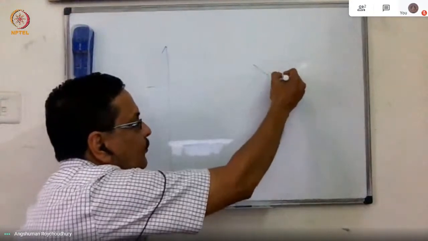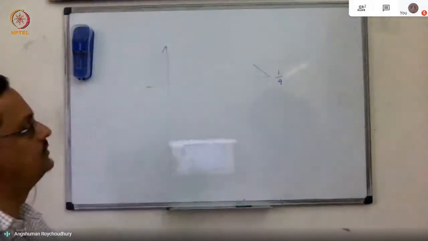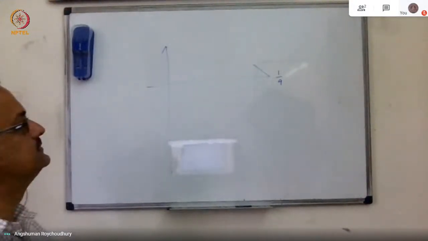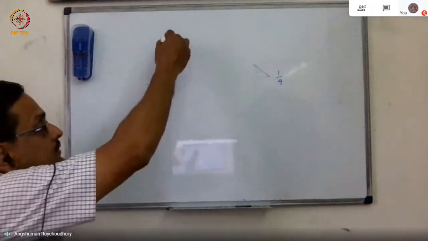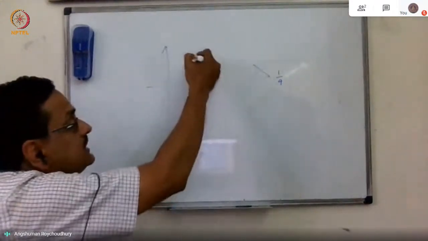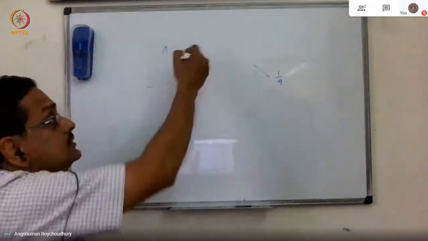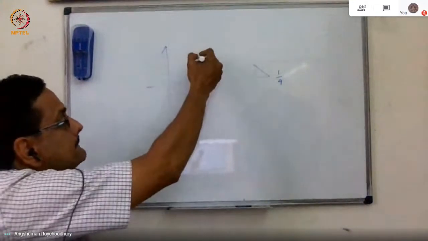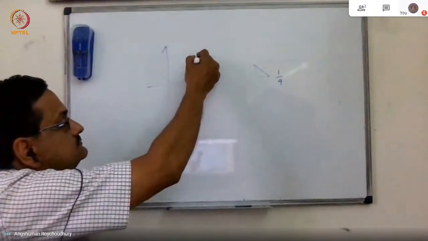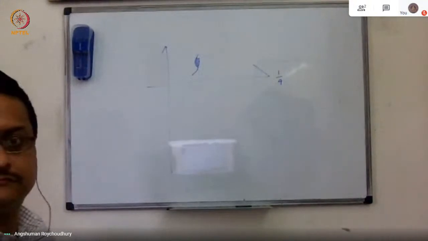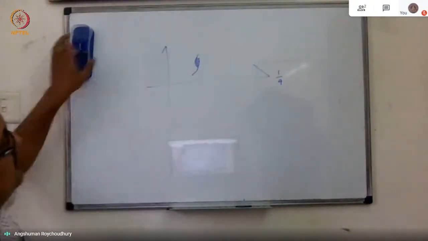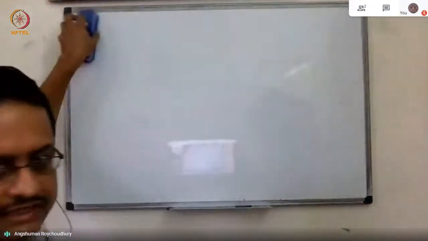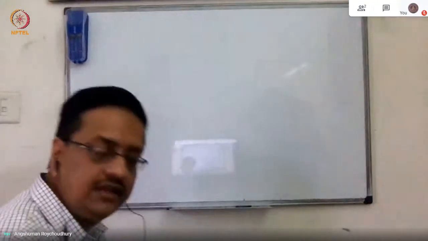This is 1/4 shifted from the plane of the board, and the third 2-1 that we have is both 1/4 shifted from this and 1/4 shifted from that. So it goes to a point which is here. So if you look at the stereographic projection for P212121 in the textbook or in the website that I have shared, then probably you will be able to understand.